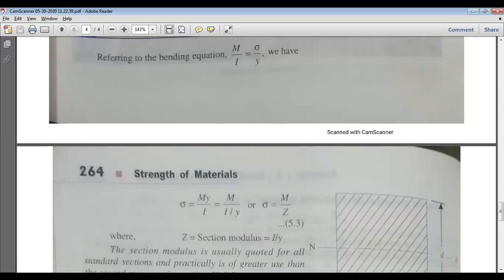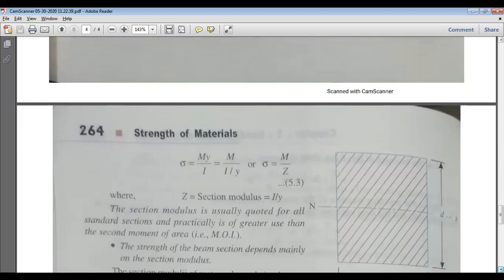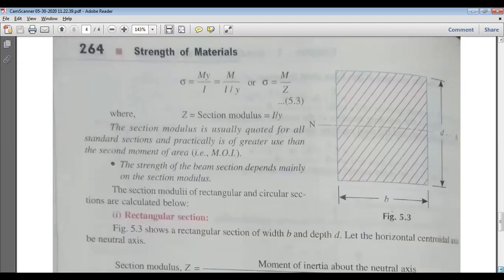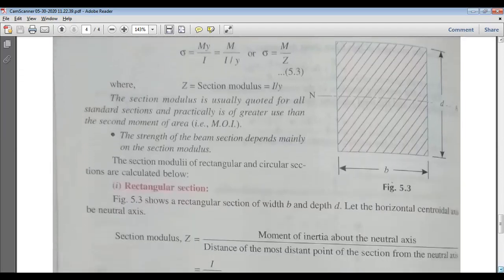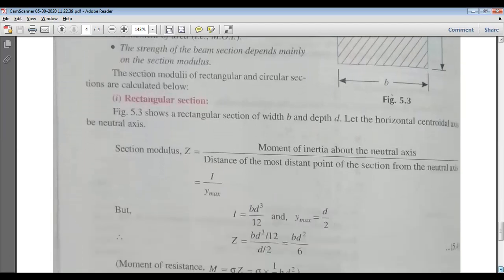The section modulus gives the relationship between bending stress and section modulus. At the same time, the second moment of area, or moment of inertia, is also involved. So this was the value of section modulus, I by y max.